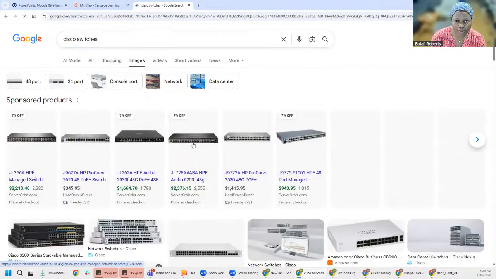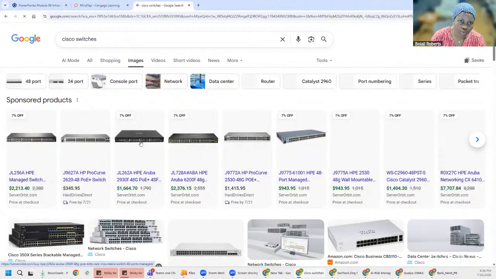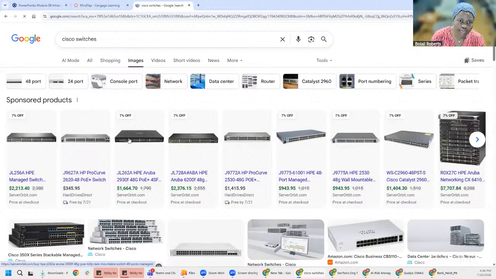See all those small ports. The cables are laid to the switch ports. And so sometimes each port has a label. So let's assume you have a 48 switch port and is labeled gigabit 0/1 to 48, for example. All right. And so like this one.